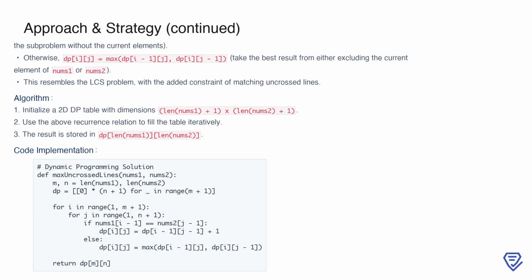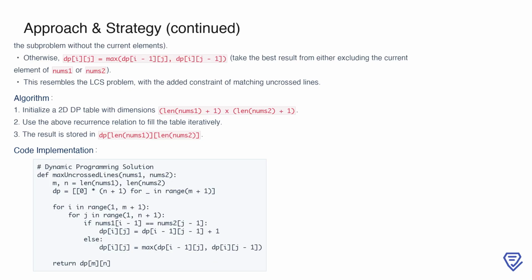A more efficient solution involves using dynamic programming, based on the insight that this problem is structurally similar to the LCS problem. We define a DP table where dp[i][j] represents the maximum number of uncrossed lines that can be formed between the first i elements of nums1 and the first j elements of nums2. The recurrence relation here is key.